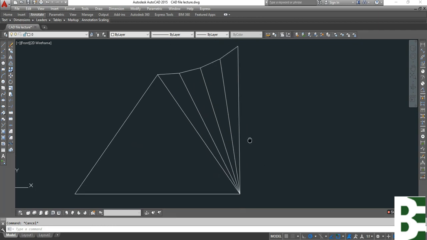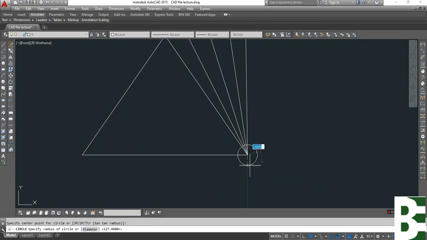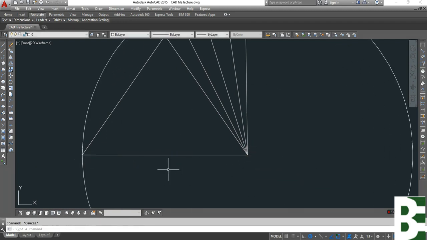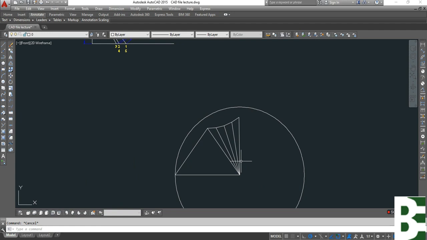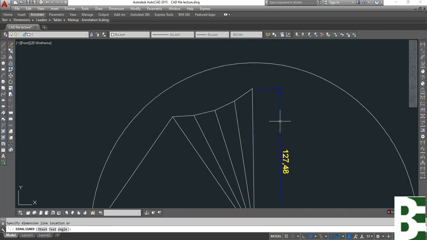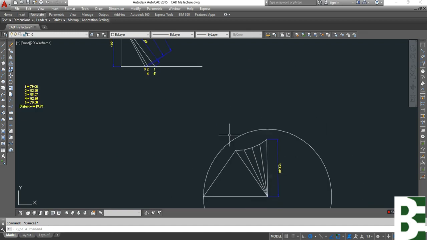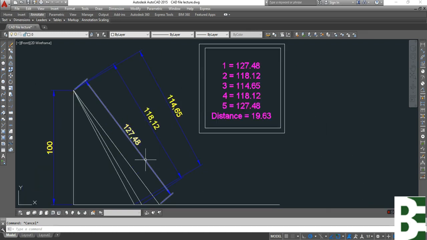Here from is, and again this 150 millimeter, and from the other side it will be number 5.